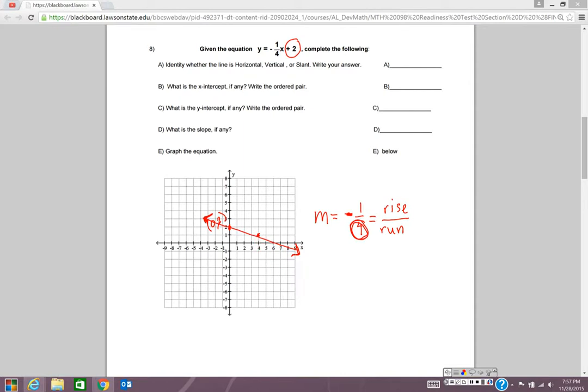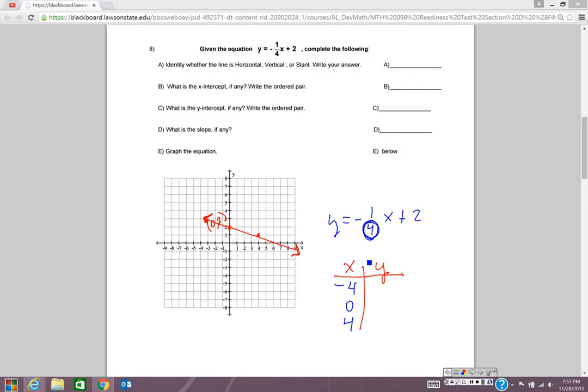Now, you could have plotted points by first creating a t-table and plugging in values for your x. So, for example, y equals negative 1/4 x plus 2, I would probably plug in negative 4, 0, and 4 because of this being a fraction.